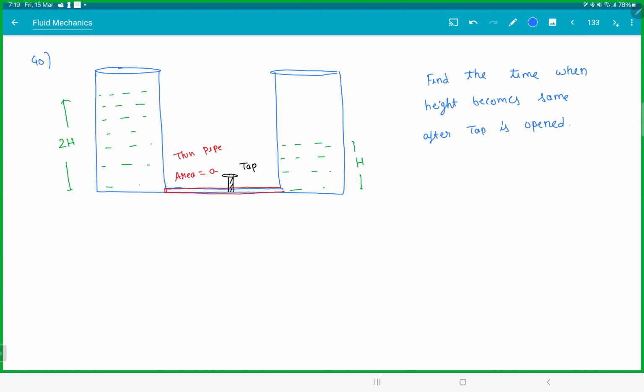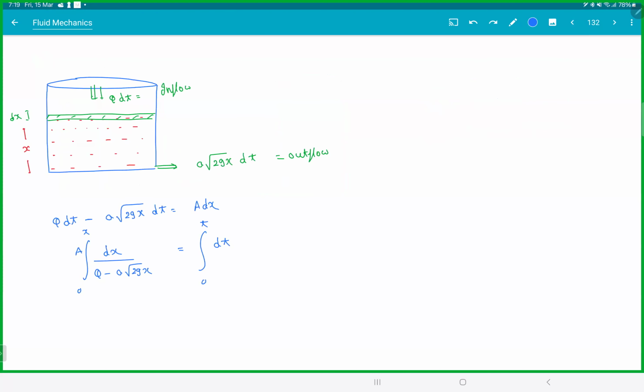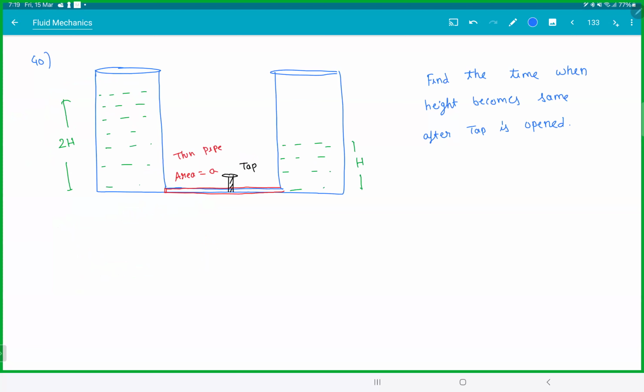If you have 2H and H, the liquid will keep flowing. A better question would be with H1, H2, and I'll ask you to find the height of the containers as a function of time.